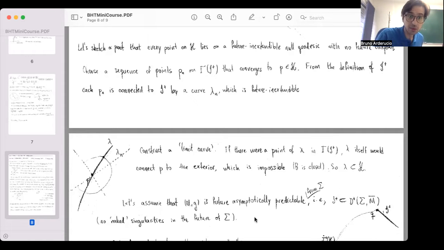That's the assumption that I write here: that the space-time is future asymptotically predictable from sigma, and sigma here is to be thought of as a partial Cauchy surface. Partial because we don't need to assume that the entire space-time is globally hyperbolic, but we need to assume that the exterior is.